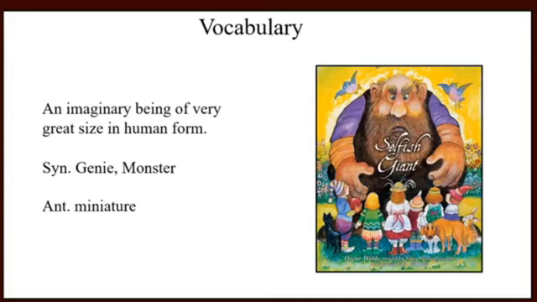This is of great size, that is genie or monster. And what should be the word? This is giant. This is a noun. Let's make a sentence. The giant looks unfriendly. First of all, he looks unfriendly to the children. The antonym is miniature. Miniature, very little in size.